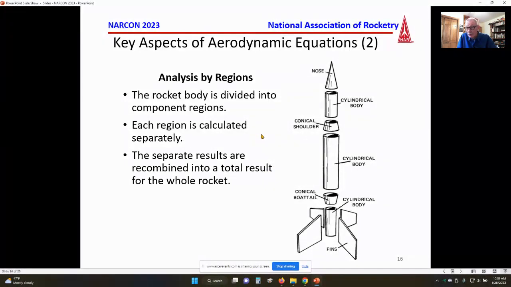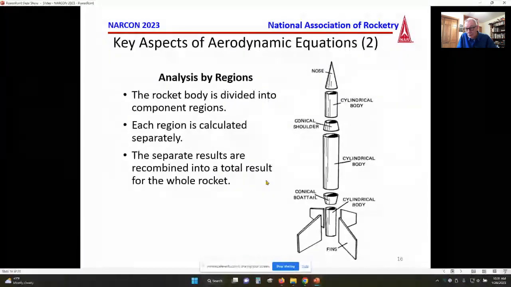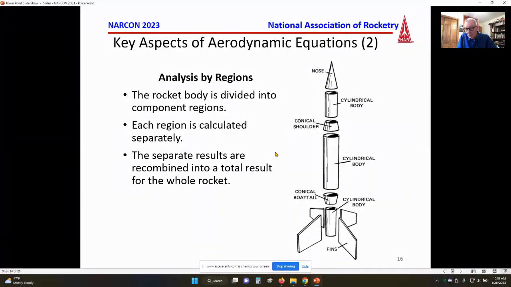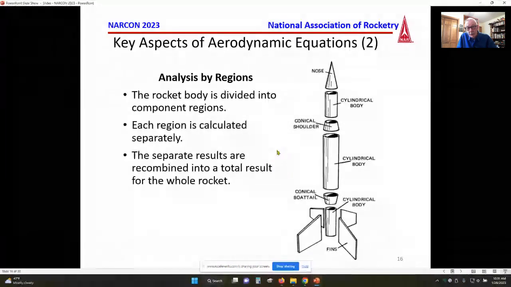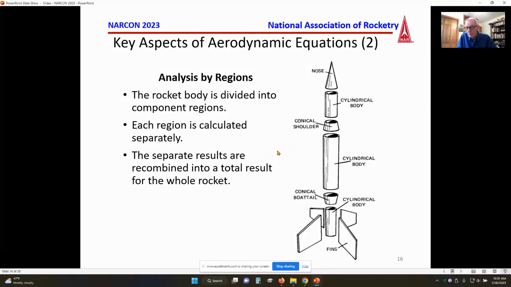So those are the two key components I want to talk about, and beyond that, it's a case of going through some careful analysis, using the results that the NACA folks came together on and applying them to rocketry.